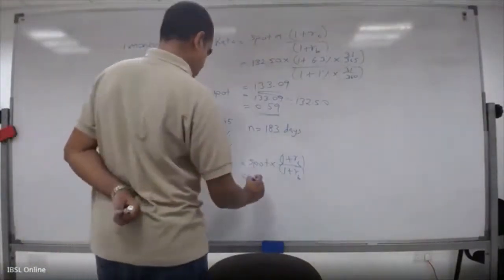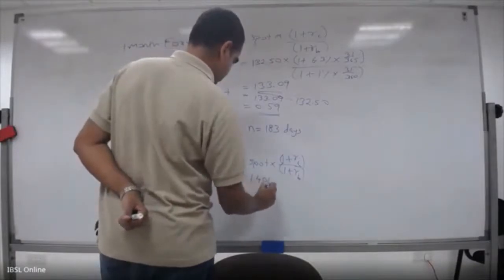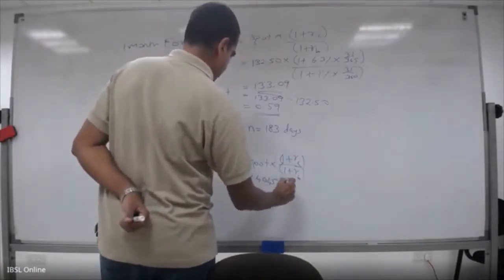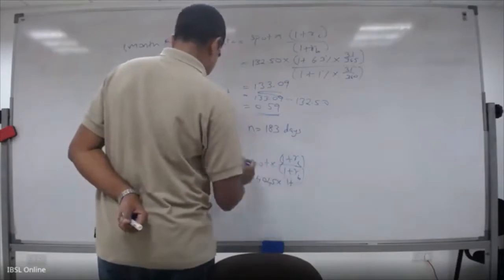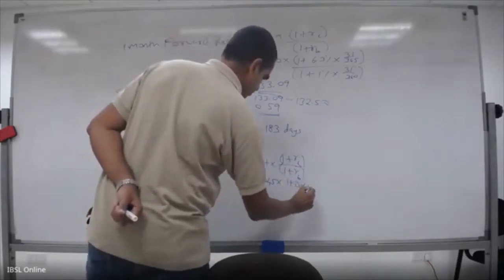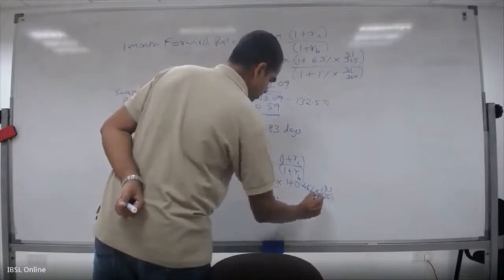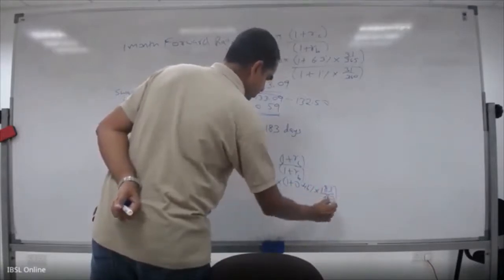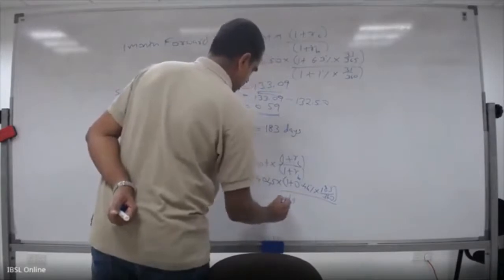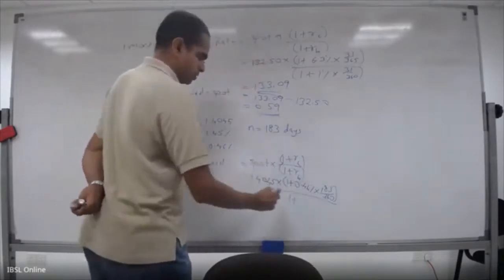So the spot rate 140.45, 1 plus interest rate of counter currency 0.46, 183 over 360, divided by 1 plus the interest rate of base currency 1.45.